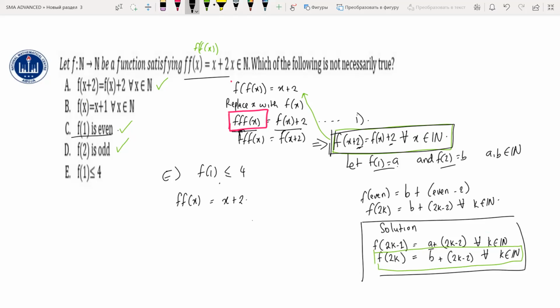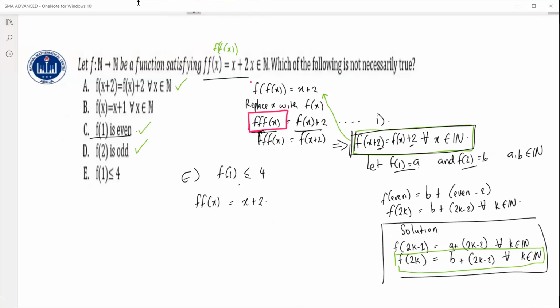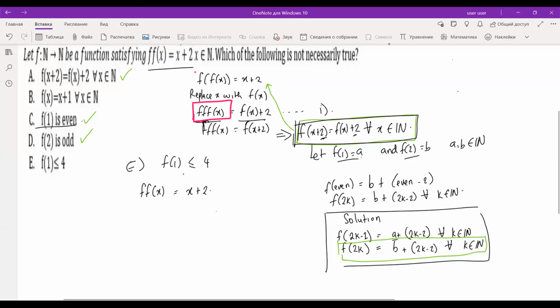We are going to plug in... okay, so for this last property now, it's a bit tricky. So in our original equation, we are going to put x equals 1. Put x equals 1, what do we get?